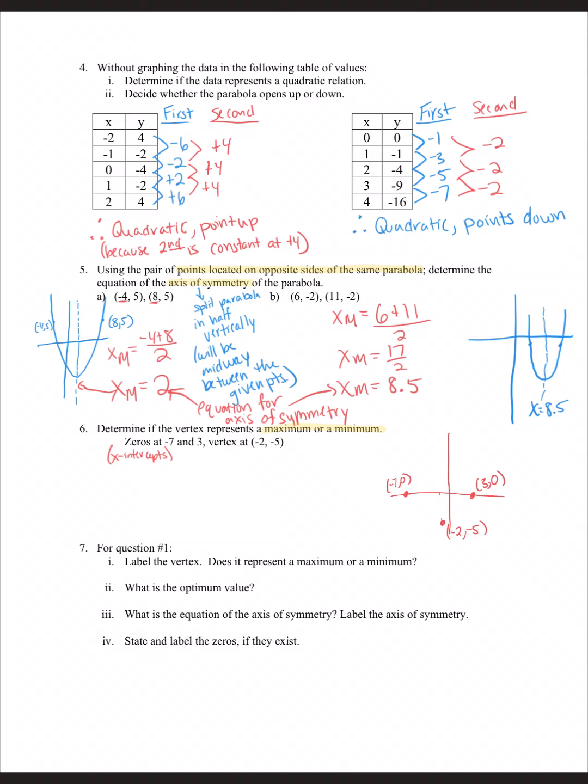Okay, so let's say that's (-2, -5). Well, if we wanted to connect these dots, knowing that we're dealing with quadratic relations here, we can see what shape this parabola is going to have or which way it's going to point. So we can see it's pointing up, right? So if it's pointing up, then we can say that this is going to be a minimum.